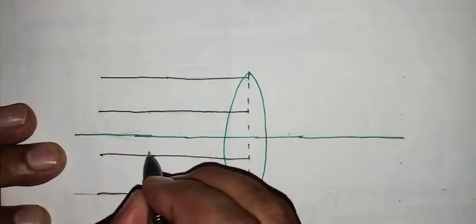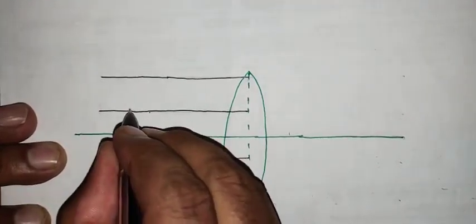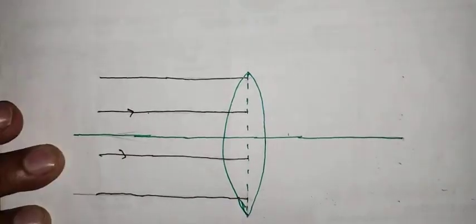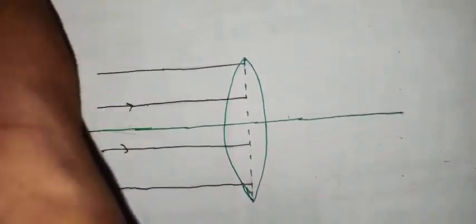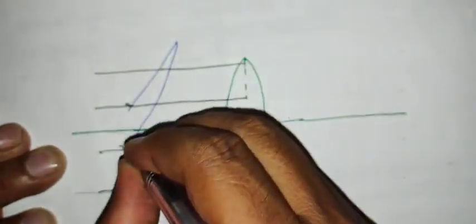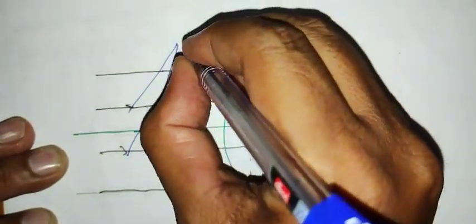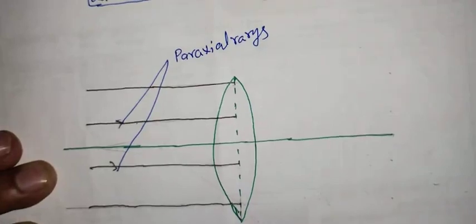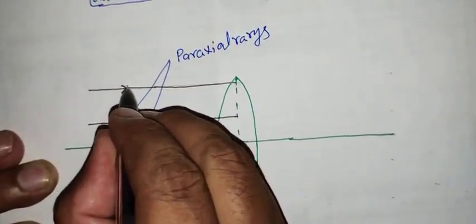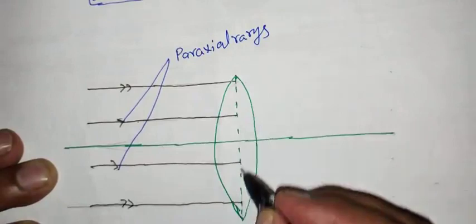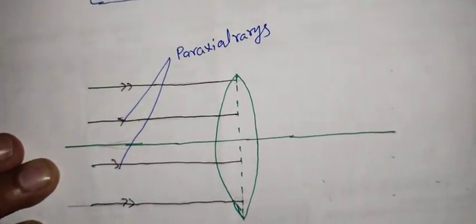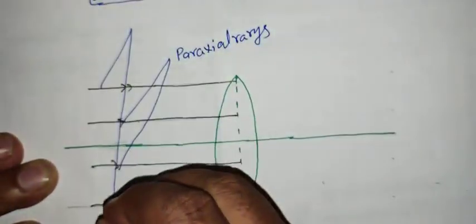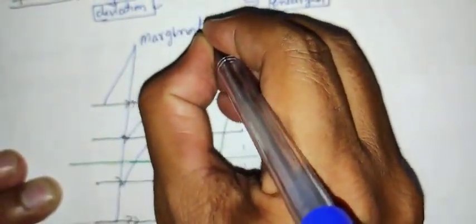The parallel rays of light near to the principal axis, which are represented by a single arrow, are called paraxial rays, and the rays which are represented by double arrow, away from the lens axis, are called marginal rays.